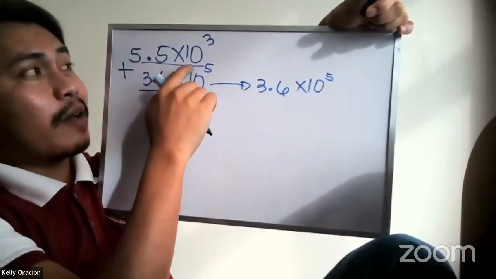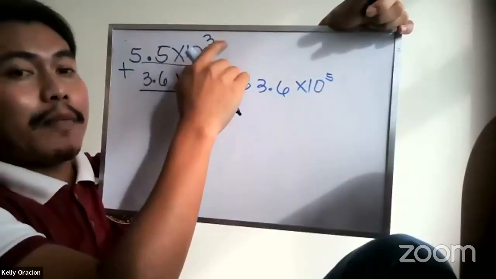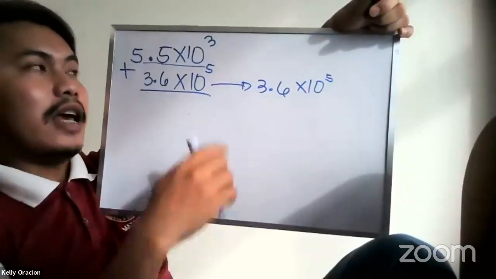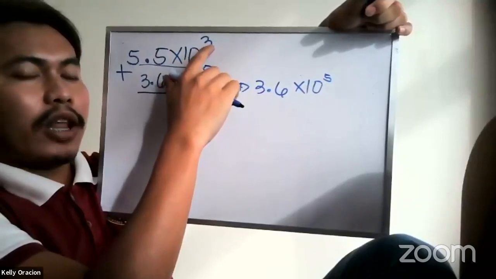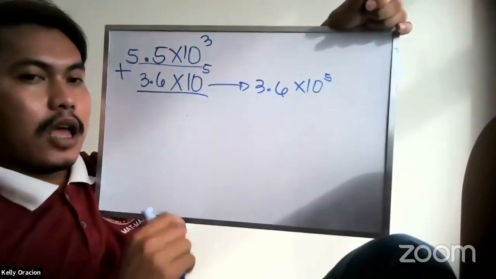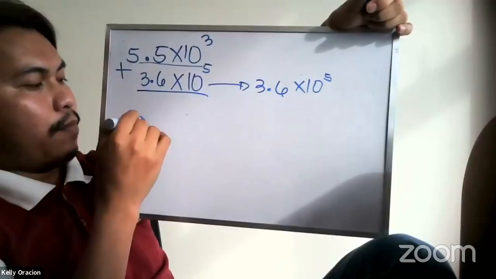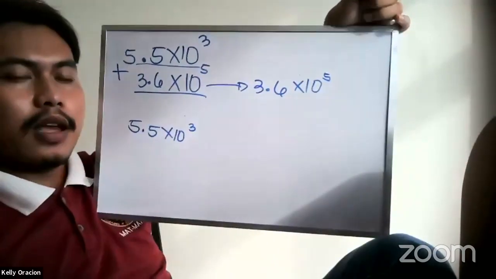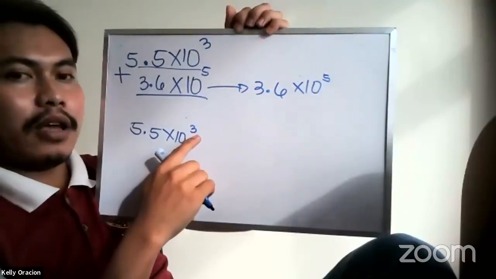This 5.5 times 10 raised to 3, dapat ang 3 na exponent magiging 5. Again, dapat magiging 5 ang exponent natin na 3. So, we have 5.5 times 10 raised to 3. Now, ilan ang kulang para maging 5 ang exponent?